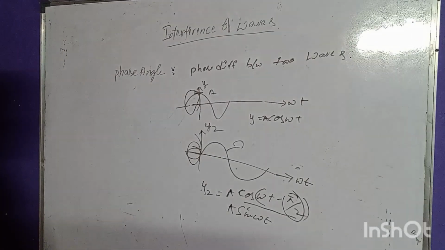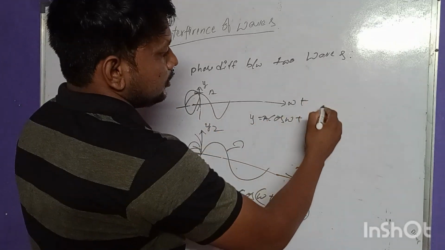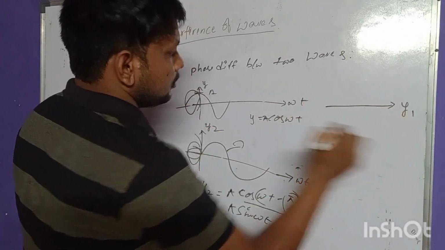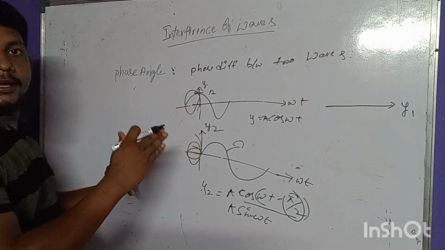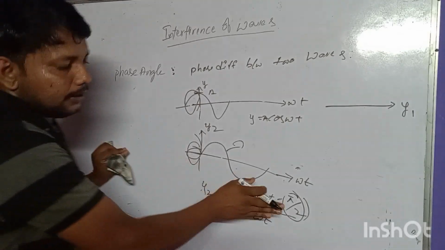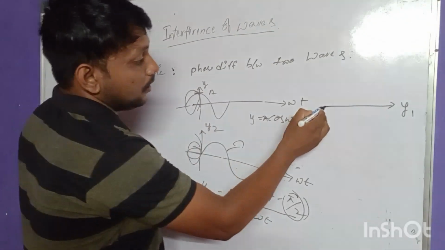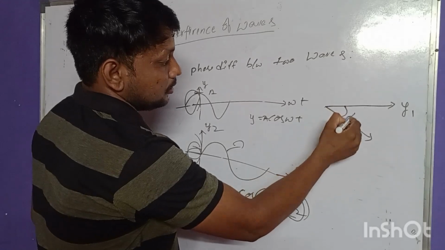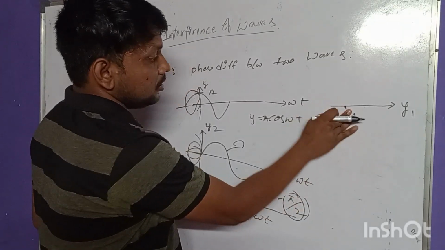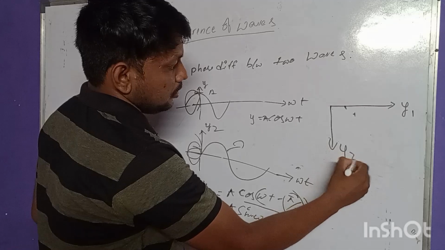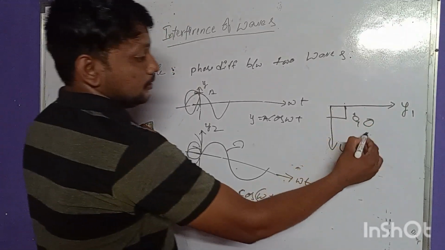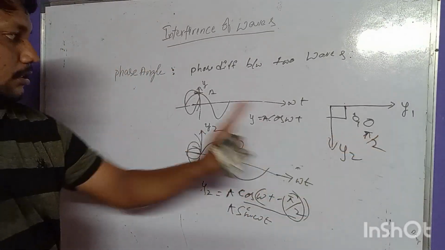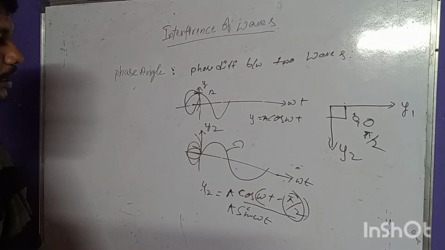In vector notation, how we write that phase difference: this is y1, and y2 is π/2 lag అంటే డిలేలో ఉంది. సో నెగిటివ్ డైరెక్షన్ π/2, 90 degrees or π/2 radians. This is the vector notation of these two waves, right?